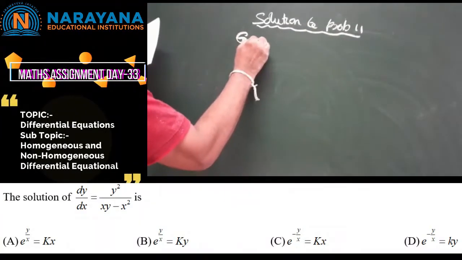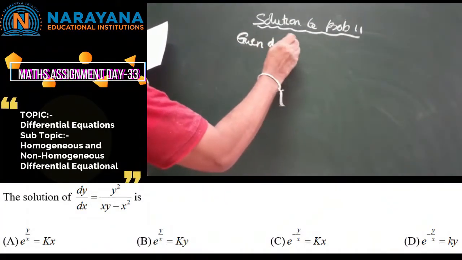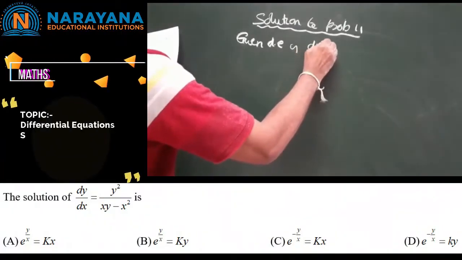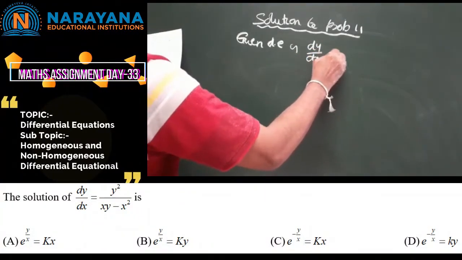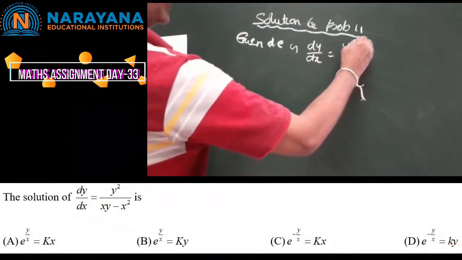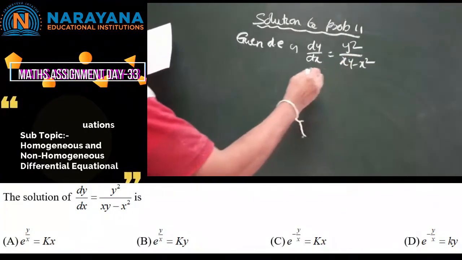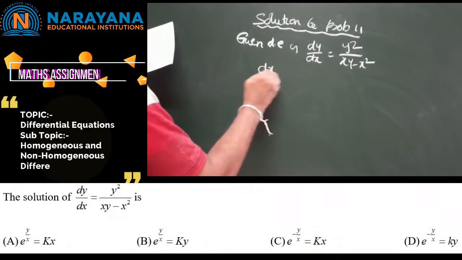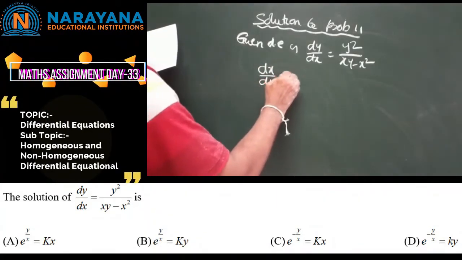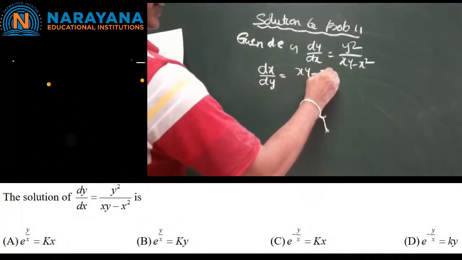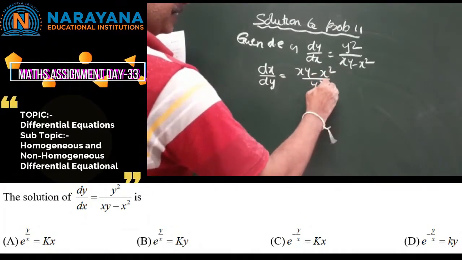Given differential equation, dy/dx is equal to y² divided by (xy − x²). To make simplification easy, I am writing dx/dy as (xy − x²) divided by y².